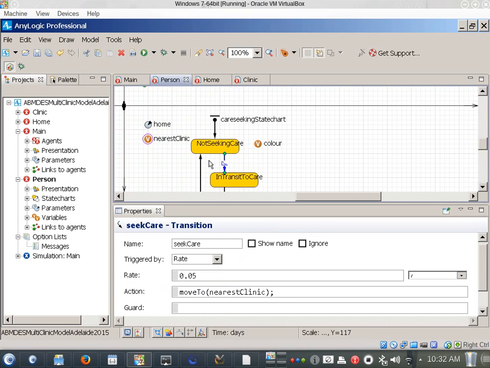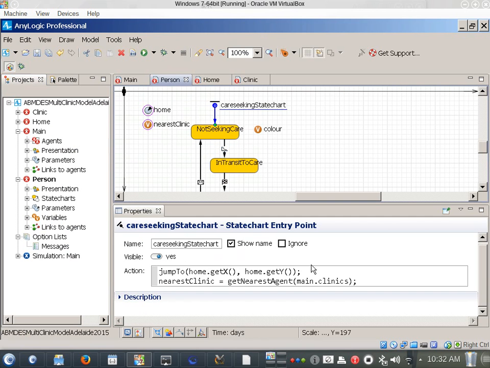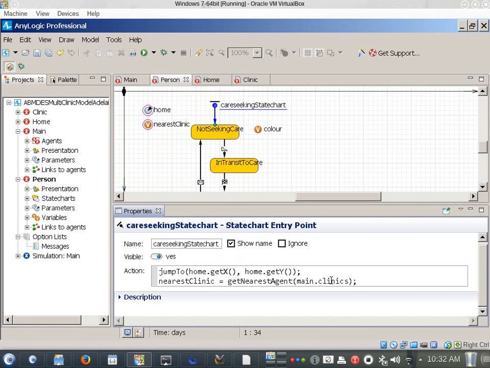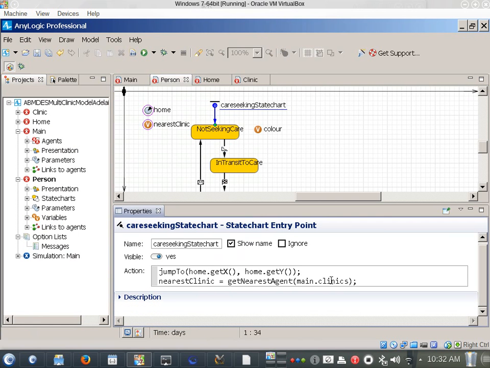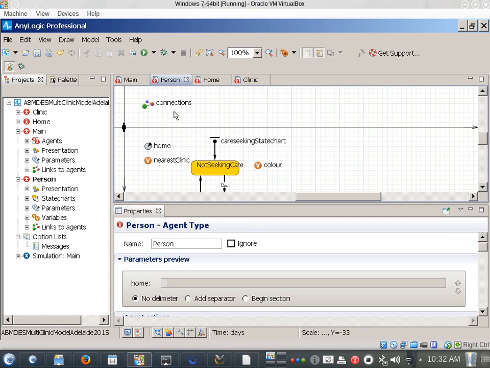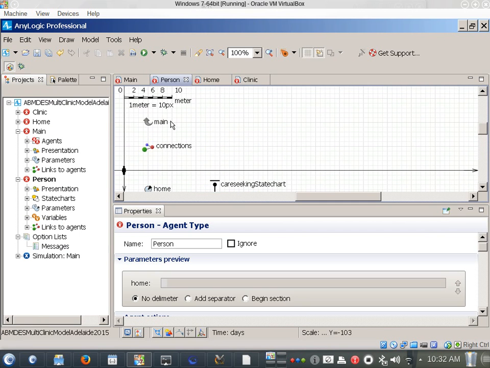We may have to set the velocity of the person. The default scale is 1 meter is 10 pixels, and the initial speed is 10 meters per second. Given we're working with a timescale of days, that's pretty fast.